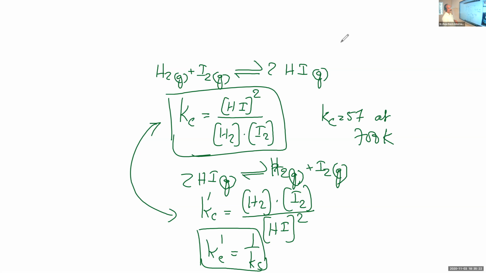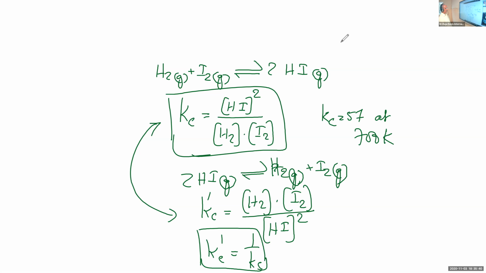See here, HI squared by H2 into I2. And when the reaction is reversed, the equilibrium constant is also the reciprocal of the first one.